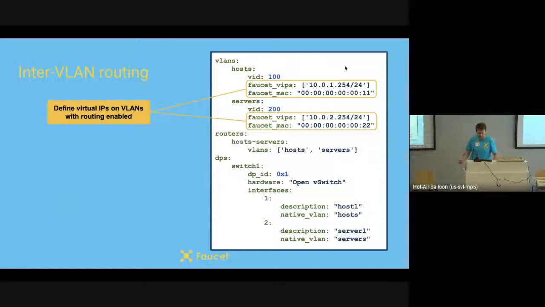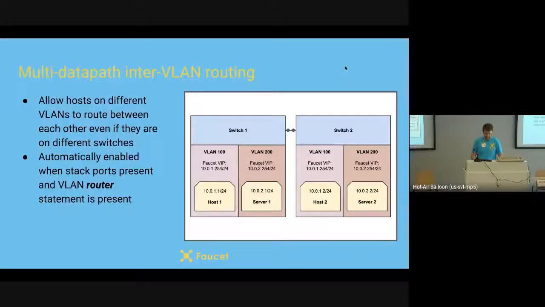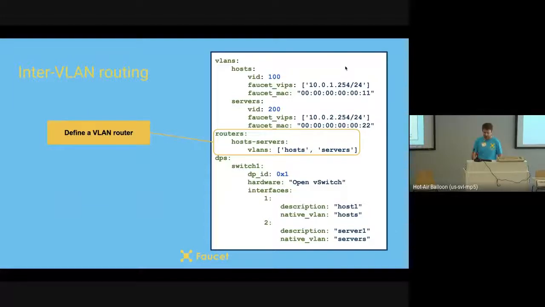The way you do this is you define a MAC address and a virtual IP on each VLAN, and then you define a router object and say which VLANs can talk, and Faucet will do the rest for you. So that's how it works on a single switch.